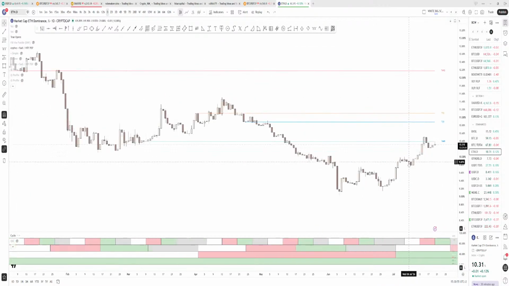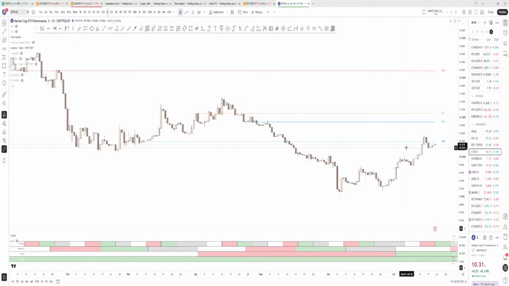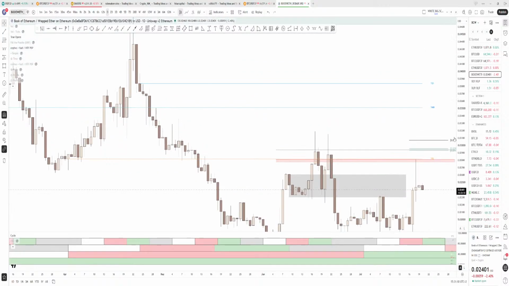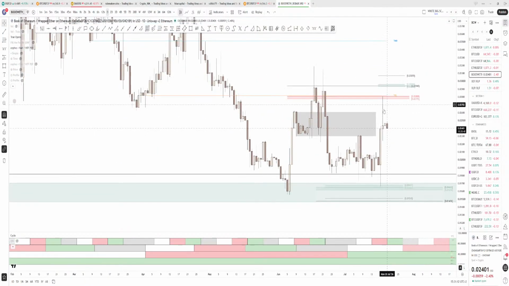Okay, let's move on to the other chart. Let me see if you guys wanted to chart anything. Okay, nothing there. I'll quickly check BOE. I'm very certain that this will run because it's been holding the pips like crazy.